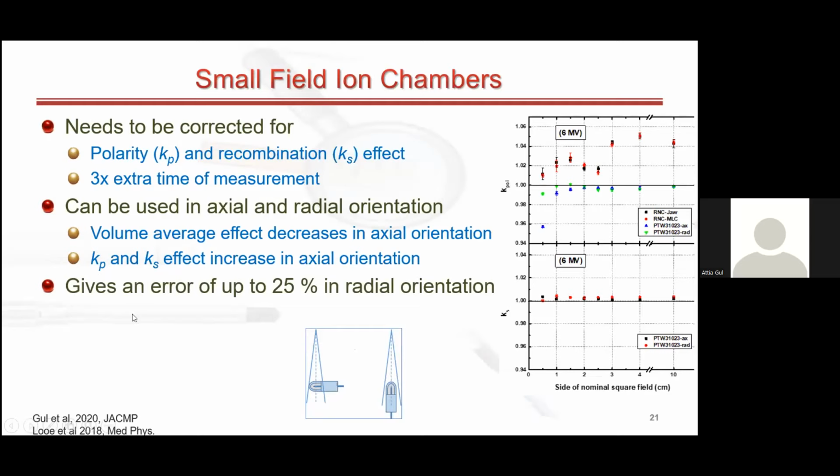Also, in axial direction, polarity and recombination effect is increased due to cable irradiation and stem effect, etc. But in radial orientation, because it gives a high volume averaging effect, it gives an error of up to 25% in a 0.5 by 0.5 centimeter square field size.